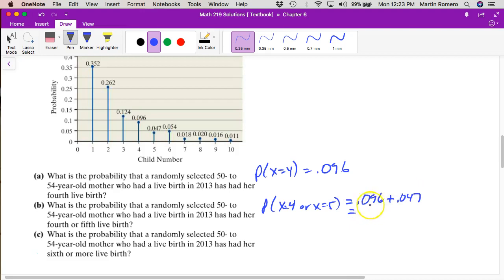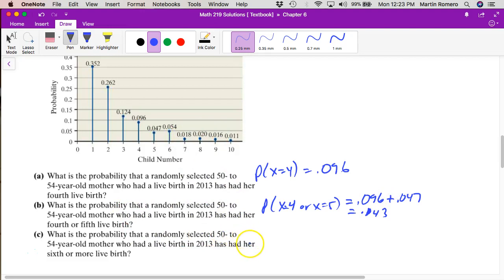That's 143. Sorry, that's going to be 0.143. So a 14% chance that it's her fourth or fifth child.